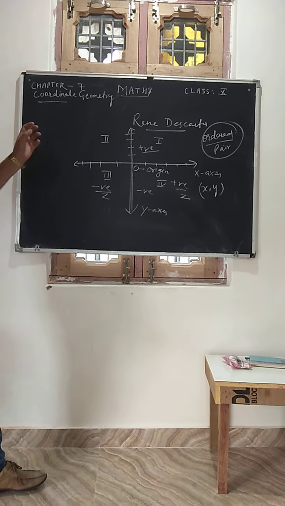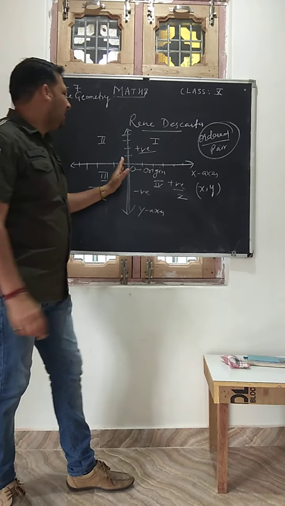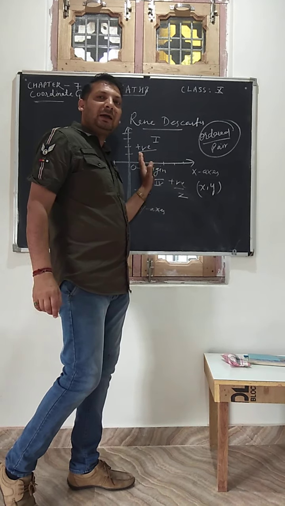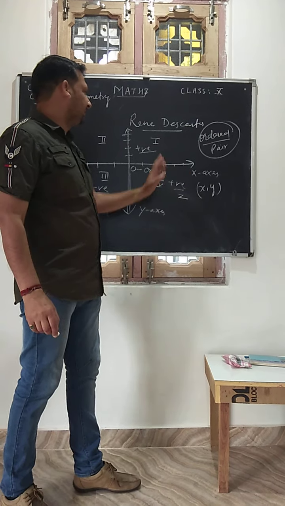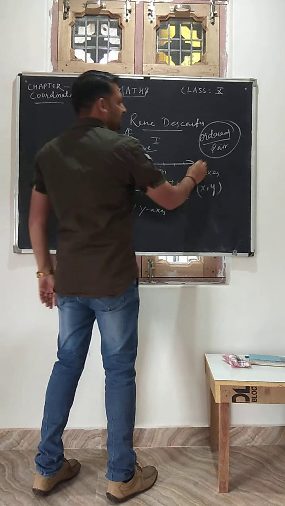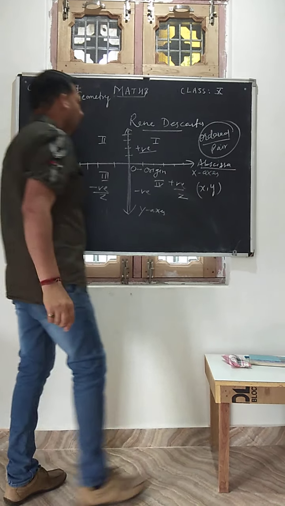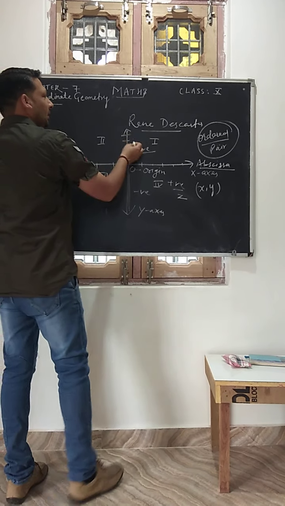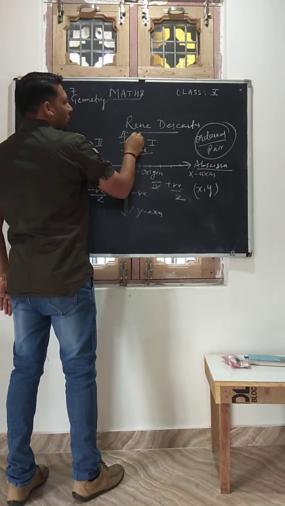Now, how to explain the axes? Any point which we go further from the origin, if we go forward from the origin, that point is called a point on the x-axis. That value is also called abscissa. And the point which we count on height is called a point on the y-axis, that is called ordinate.